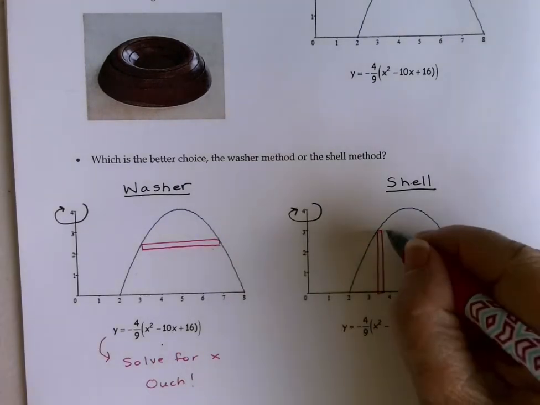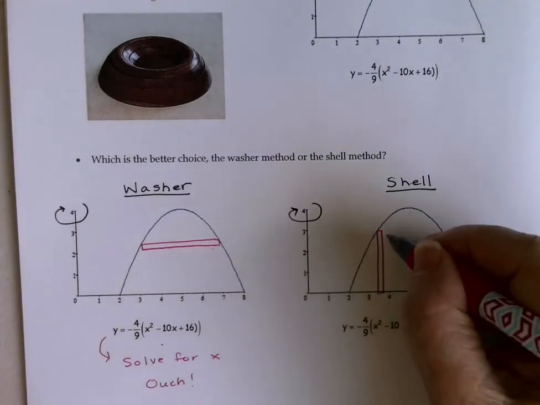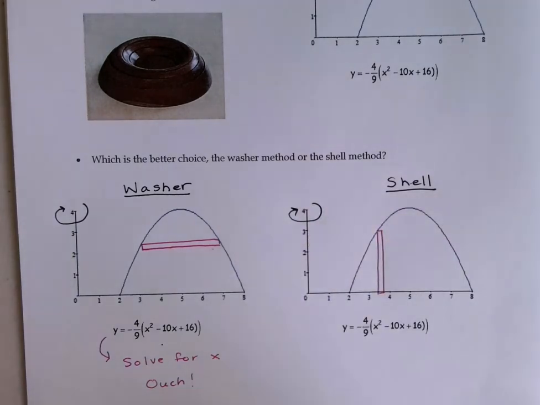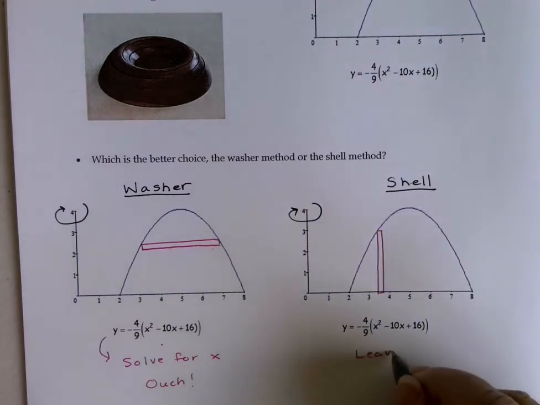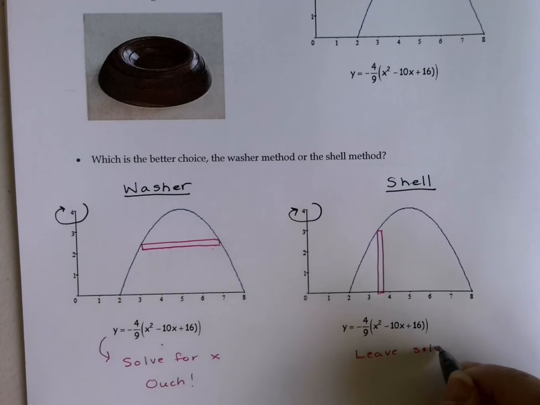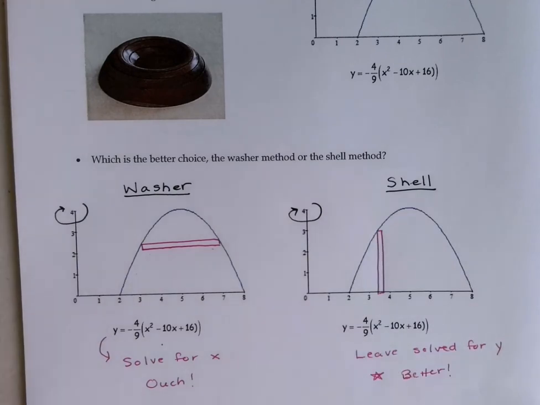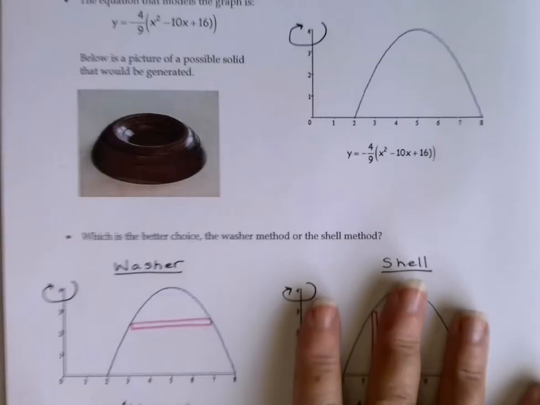Because I'm drawing my rectangles vertically, the height would just be the top, or y value, minus 0, and I can leave this solved for y. That's certainly a much better choice, unless I really love to complete the square and play around with a lot of algebra. So we're going to choose the shell method so that we don't have to solve for x. Let's do it.